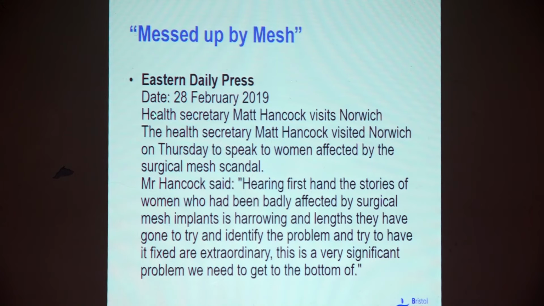So this is from the Eastern Daily Press from this year, a month ago, when the Health Secretary, the boss of the NHS in Britain, visited Norwich to speak to women affected by the surgical mesh standard. Now, the surgical mesh standard not only affects stress incontinence, it's also about pelvic organ prolapse mesh.